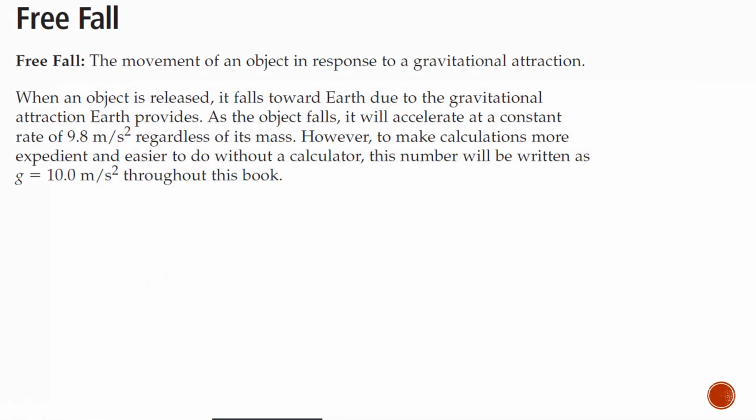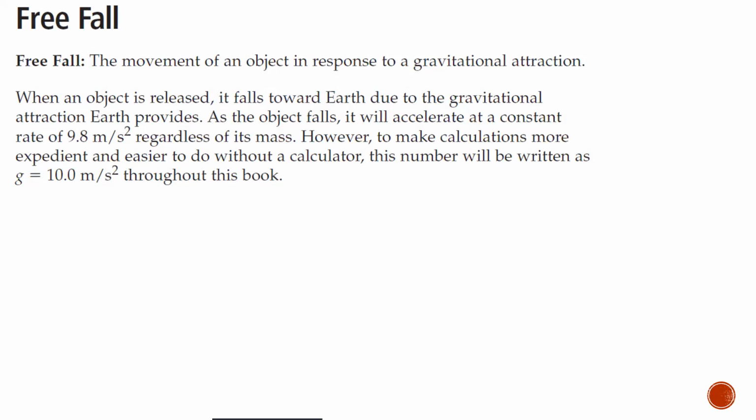As the object falls, it will accelerate at a constant rate of 9.8 meters per second squared, regardless of its mass, as we said when the rock and the feather are thrown at the same time.